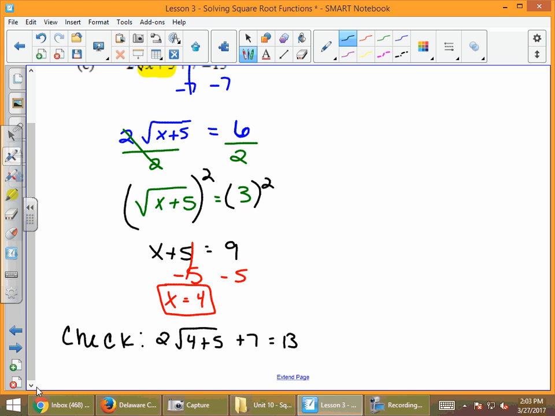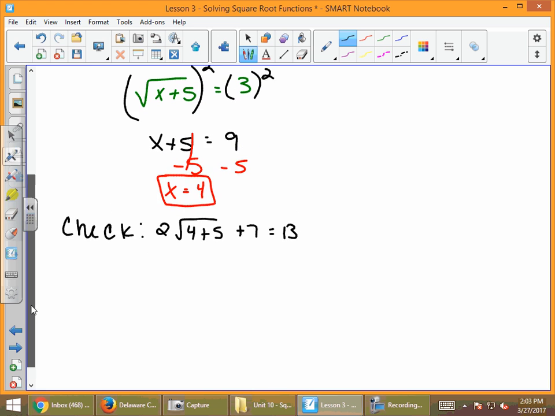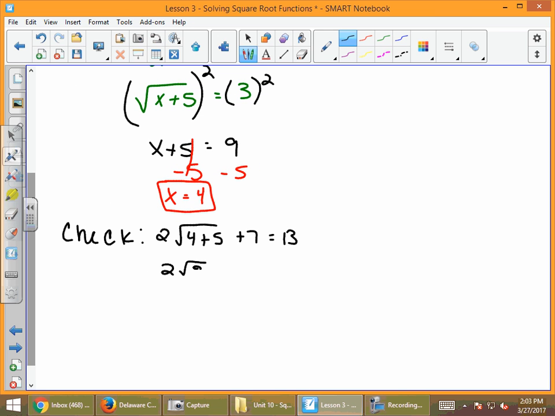Well, what's 4 plus 5? 9. Well, what's the square root of 9? 3. And 2 times 3 plus 7 is what? 6 plus 7 is? 13. When you plug that in, you get 13 equals 13, so we're good.